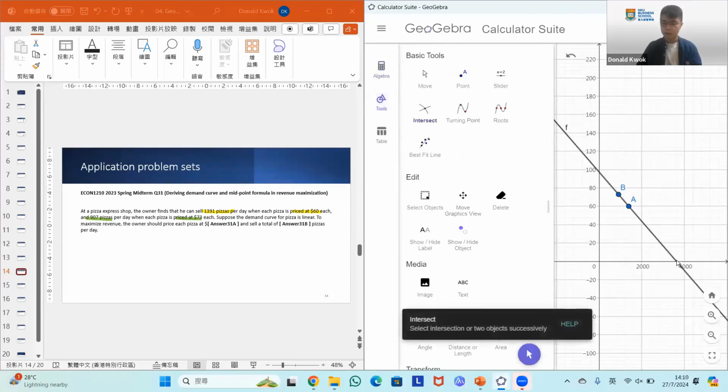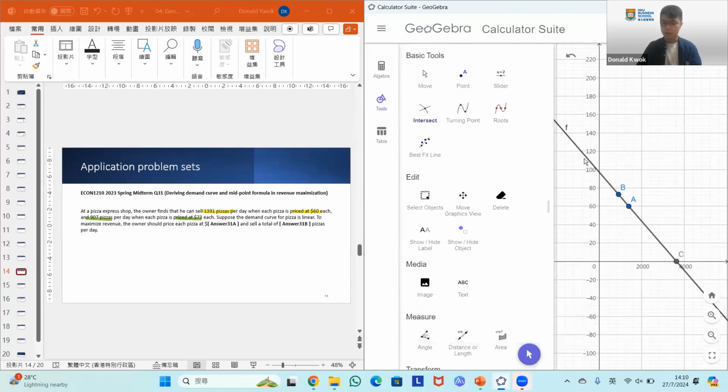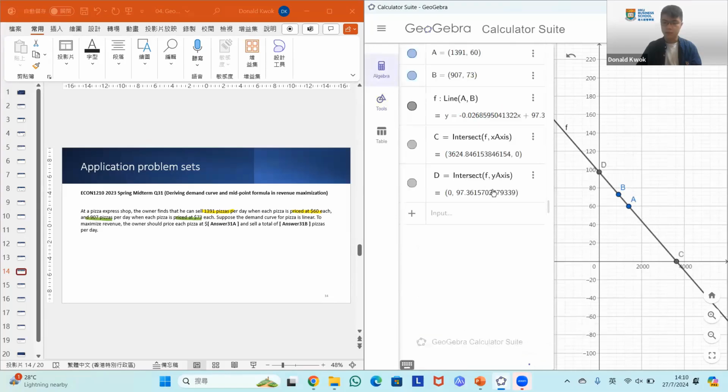The x-intercept of the demand curve and the y-intercept of the demand curve are given as follows: 3,600 and something for the x-coordinate and 97 point something for the y-coordinate. So how can you find the midpoint of the demand curve? It is simply the midpoint of CD.